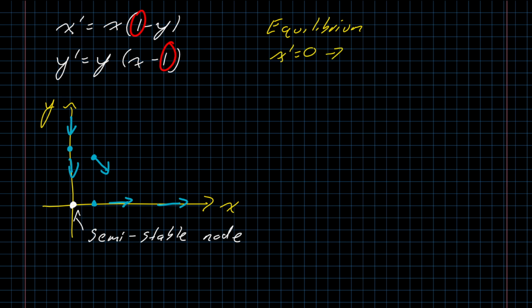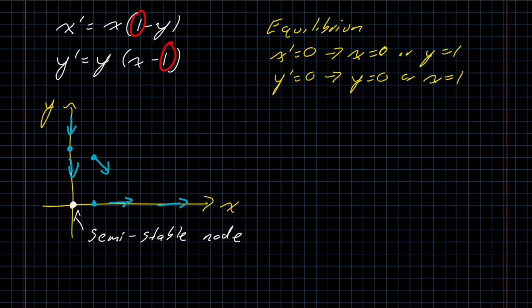If x prime is 0, that means that either x is 0 or y is 1. If y prime is 0, that means that either y is 0 or x is 1. Right? And we need both x prime and y prime to be 0 in order to have an equilibrium point.